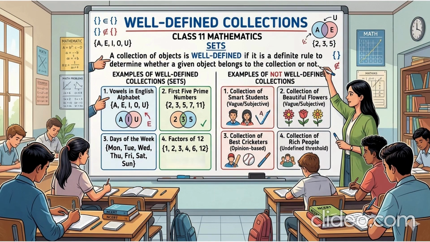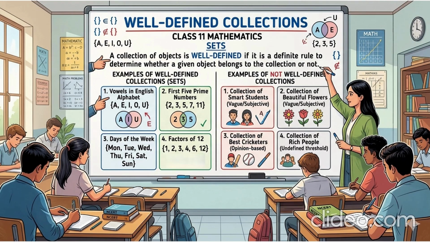There are some more examples of well-defined collections and simple collections. On the left-hand side, we can see well-defined collections like vowels, prime numbers, days of the week, and factors. These are well-defined collections which will remain the same for everyone.